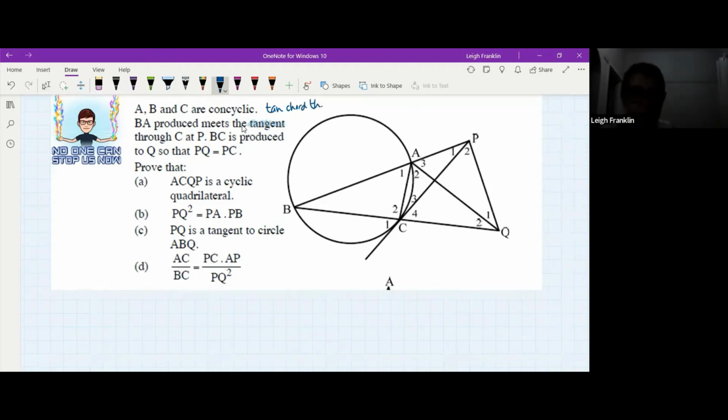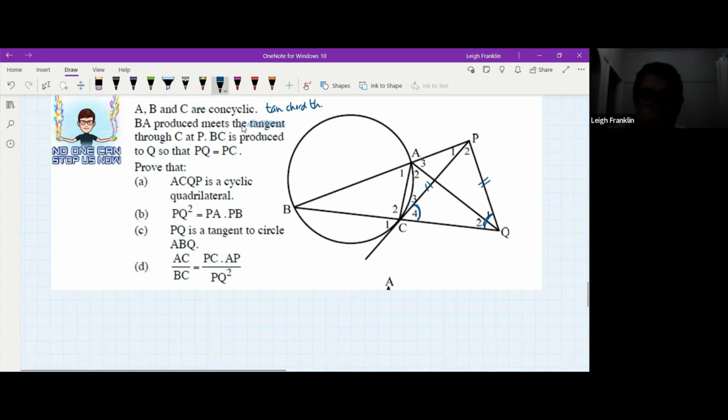BC is produced to Q, so it's extended to Q, so that PQ, this side over here, is equal to PC. Well, if PQ equals PC, that means that angle C4 and the whole of angle Q also have to be equal to one another, because they would be angles opposite equal sides.